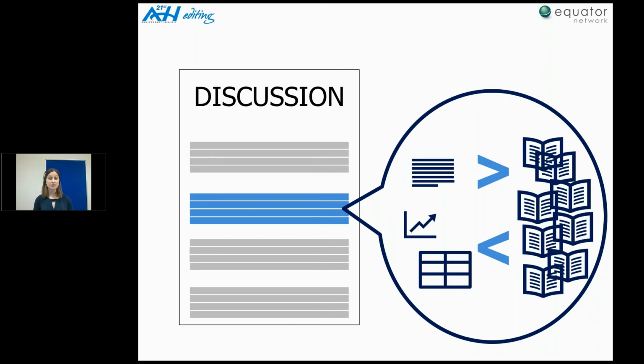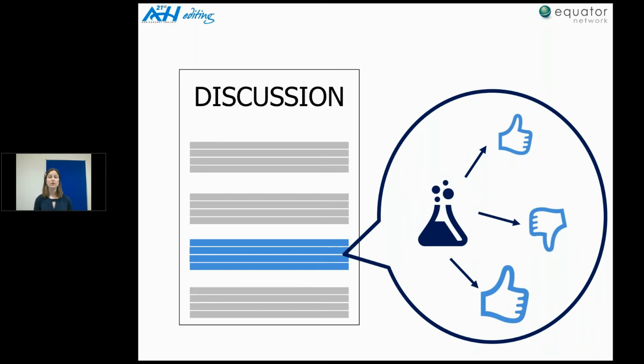In the third section, you want to talk about your method. What are the strengths? What are the weaknesses? And that's where you start to justify your method choices. Why did you pick that stats analysis? Why was this blinding strategy a good one? Every study will have weaknesses.